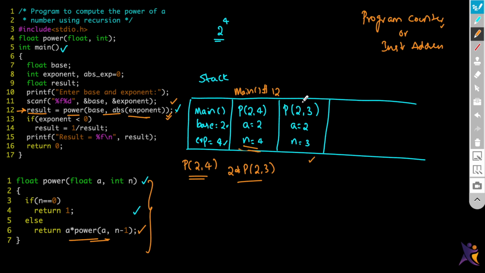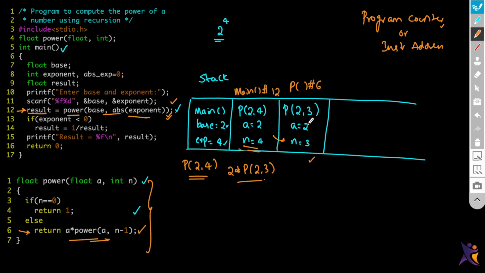After executing this, the control goes back to the calling function, and then the next instruction after this function call is executed. This P of 2 comma 3 is called by the power function, from line number 6.